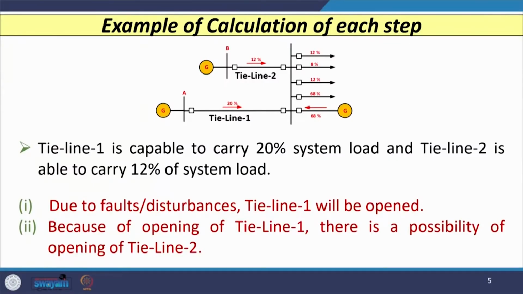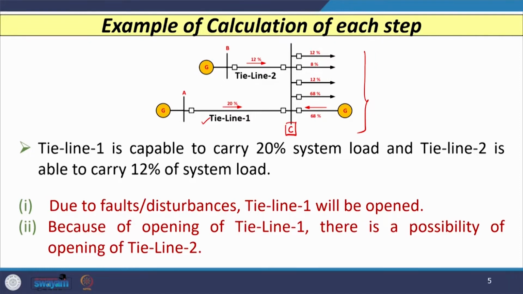Now, to understand the calculation of each step, let us consider one example. Here you can see I have shown a single line diagram of a portion of a power system network which is fed by 3 generators. Here we have a tie line 1 which is connected at bus A, and let us say this is bus C, and this tie line 1 is capable of taking care of 20% overload.